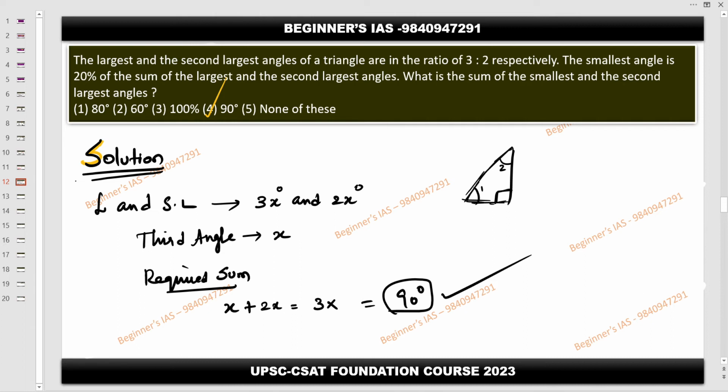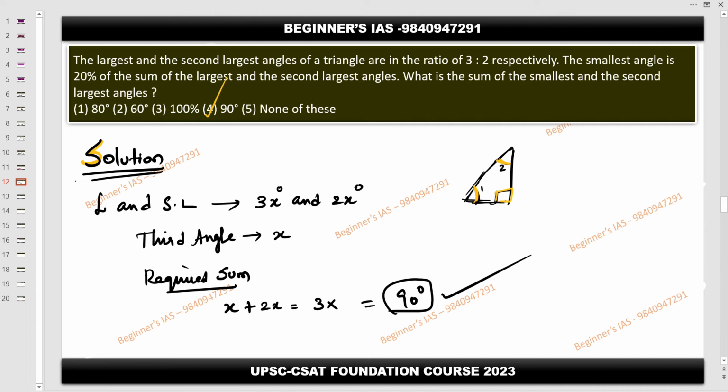If one angle, suppose you are taking this angle as the smallest angle, then this is the second angle. Then obviously the other angle is going to be 90 degree out of that 180 degree.